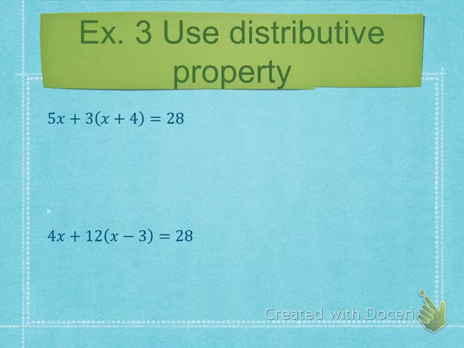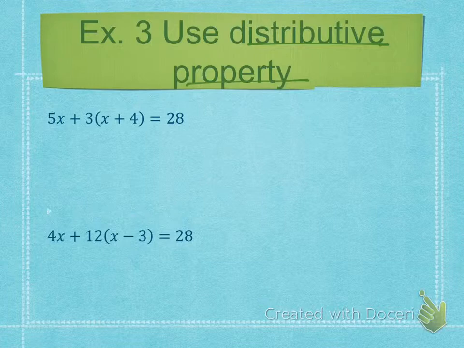Anytime at all you see the distributive property, you have to do that first. If you combine like terms before you do distributive property, your answer will be wrong. You have to do distributive property first. So if you see that, it always comes first. And then we will combine like terms, okay? But that's the only time that that rule gets kind of pushed down, is when we've got distributive property.